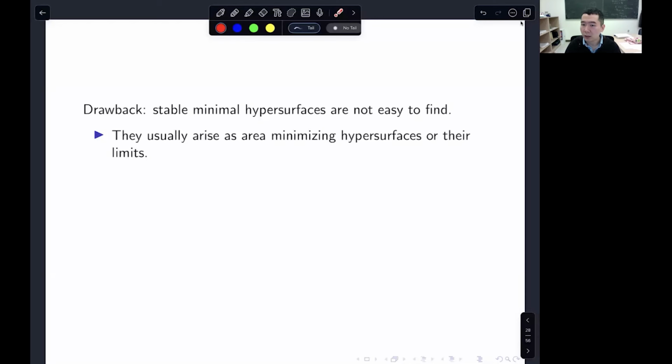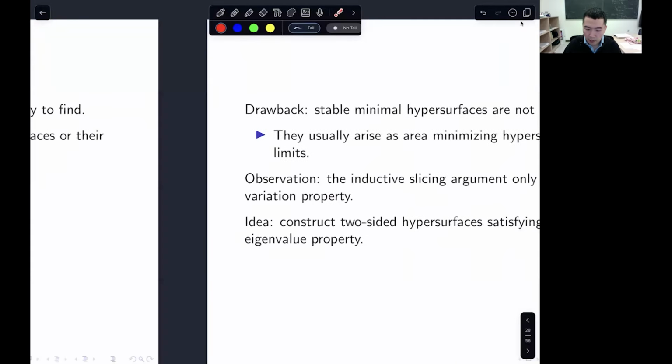But beyond these scenarios, it's very difficult in general to find stable minimal surfaces. But the scalar curvature condition itself is not strong enough to guarantee, without sufficient topology, the existence of stable minimal hypersurfaces or area minimizing surfaces.